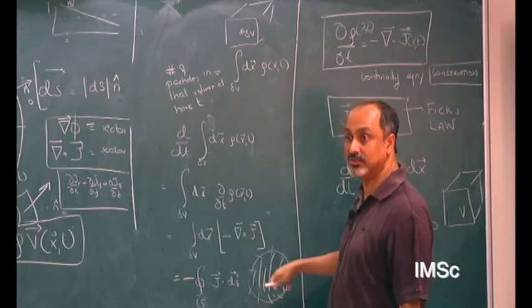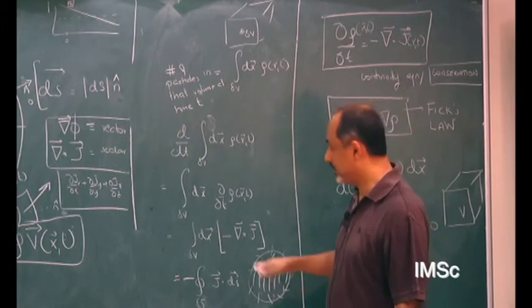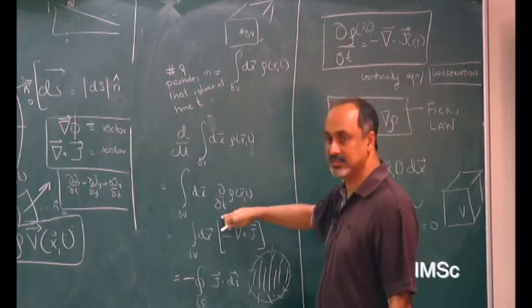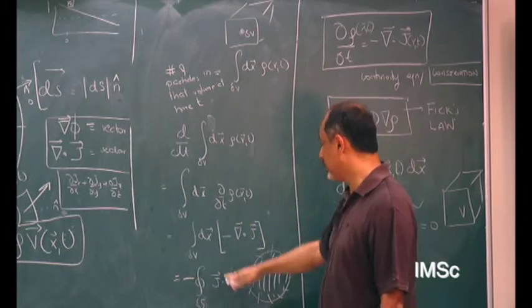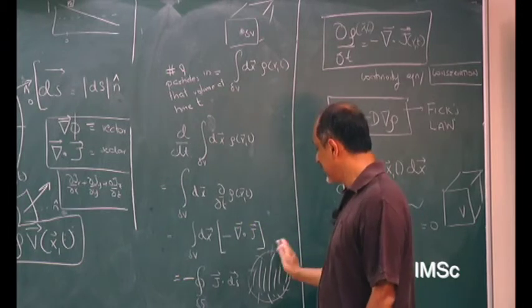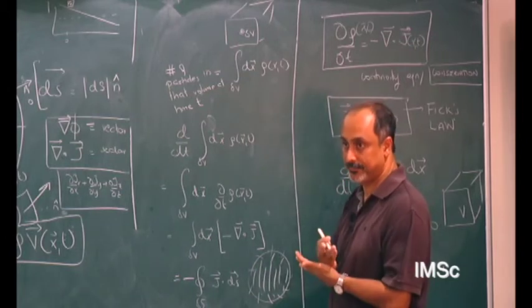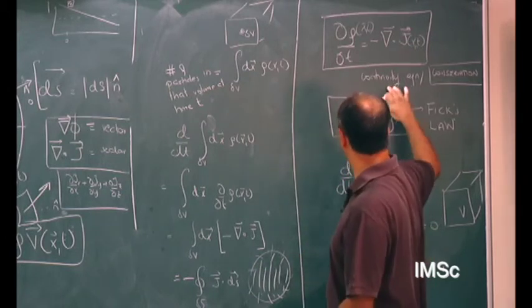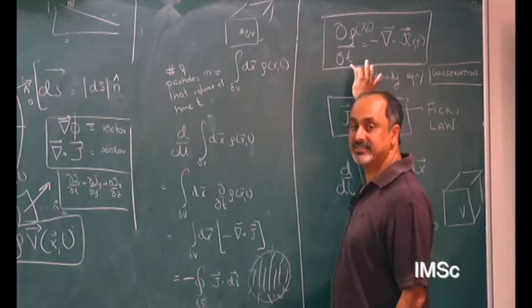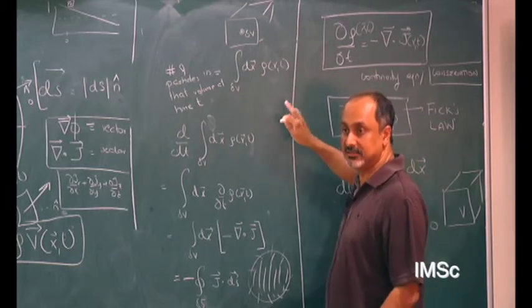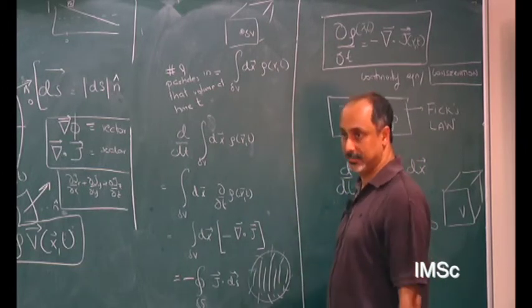It can't be created or destroyed inside, because the total change in the number can only come from particles leaving the surface with a certain vector current j. Which is why this is called a continuity equation, because it expresses the fact that the number of particles is conserved not globally but locally.